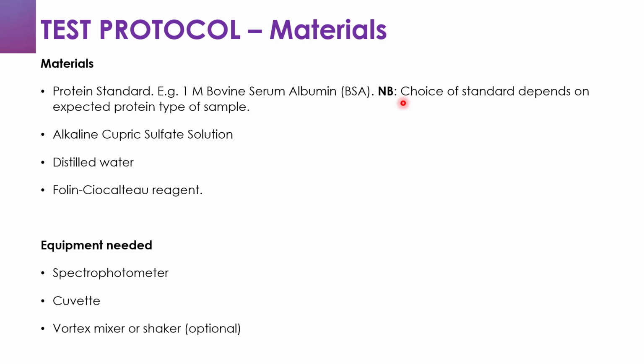And what you also have to note is that the choice of standard depends on the expected protein type we are working on. The next is alkaline cupric sulfate solution, distilled water, and the Folin reagent. And the equipment needed are a spectrophotometer, the cuvette, and the vortex mixer or shaker, and this is optional.